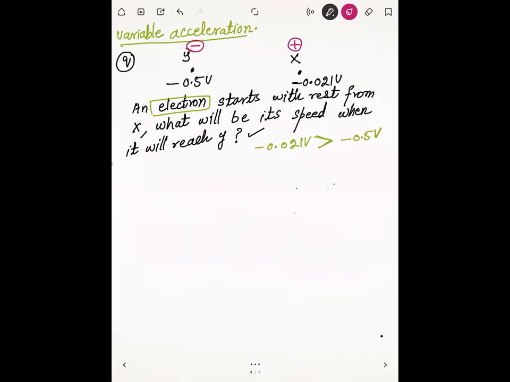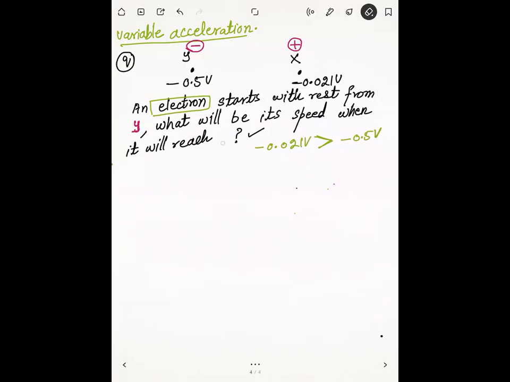And I think the question should be changed. It should start from the other point. For example, electron starts from rest with Y and it is moving. What will be its speed at X?